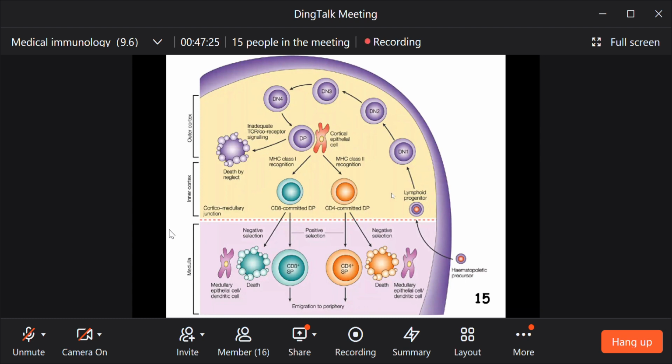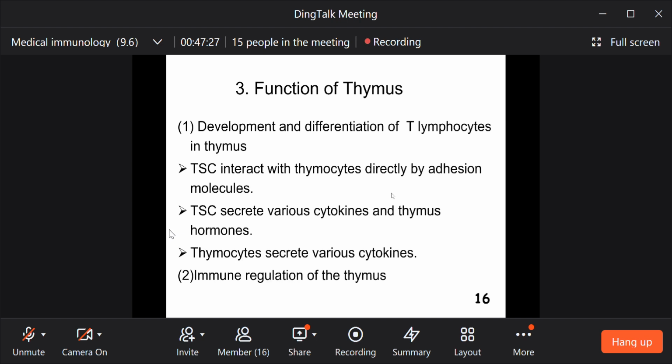So the functions of the thymus are listed here. The first one is the development and differentiation of lymphocytes in the thymus. For example, TSC interact with thymocytes directly through adhesion molecules.